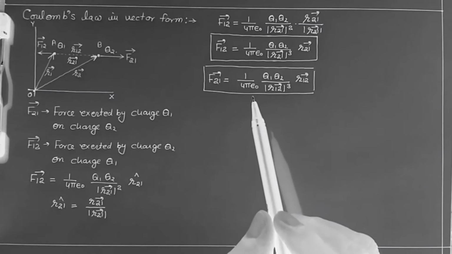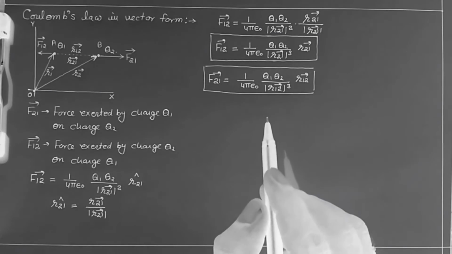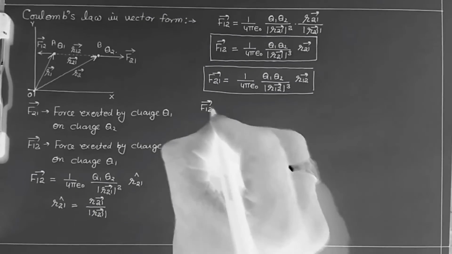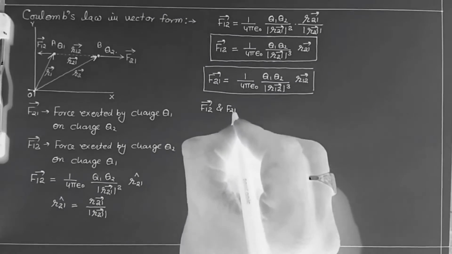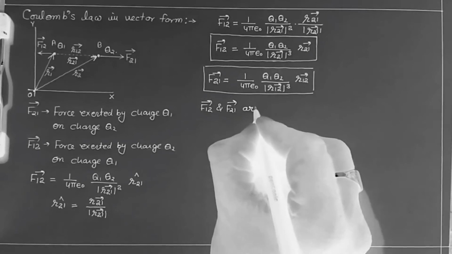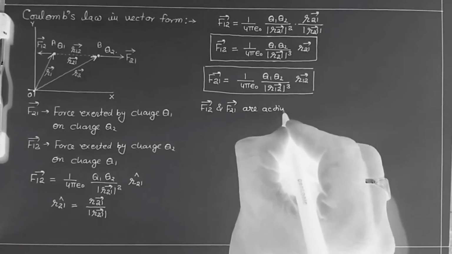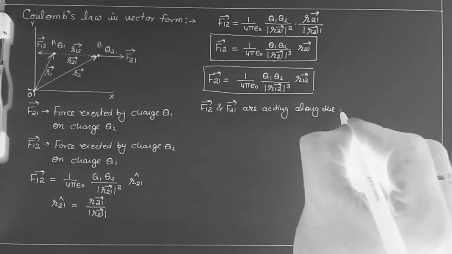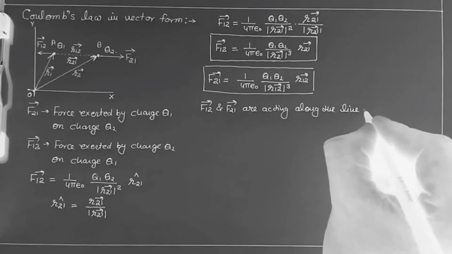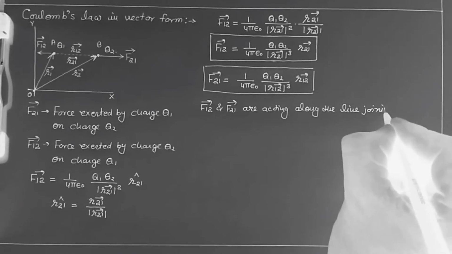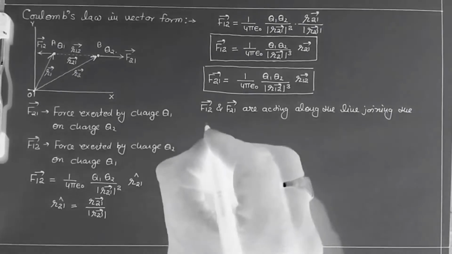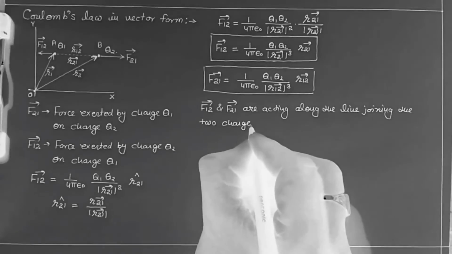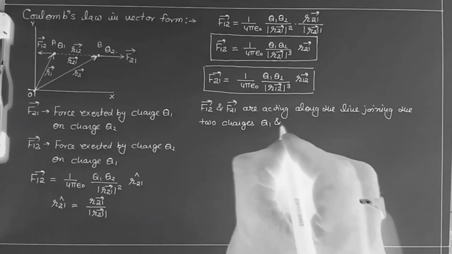Now these forces indicate that the F12 vector and F21 vector are acting along the line joining the two charges Q1 and Q2, right.